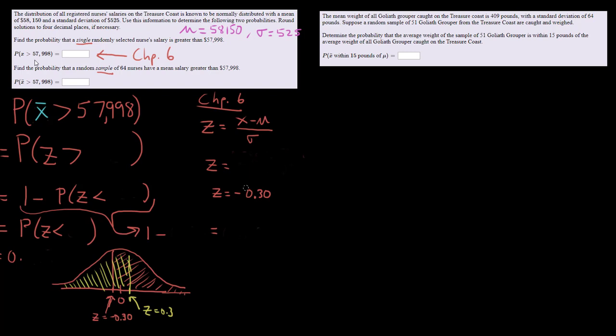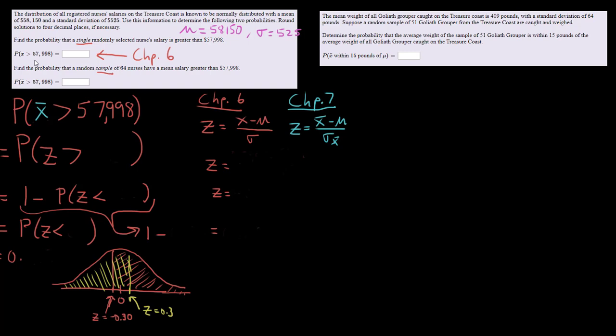We'll see how it's a little bit different than Chapter 6. The numerator, in fact, is the same. In Chapter 7, our z-value formula is z equals x bar, still minus mu, over the standard error, sigma sub x bar.